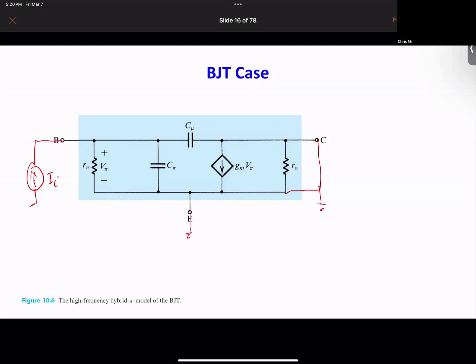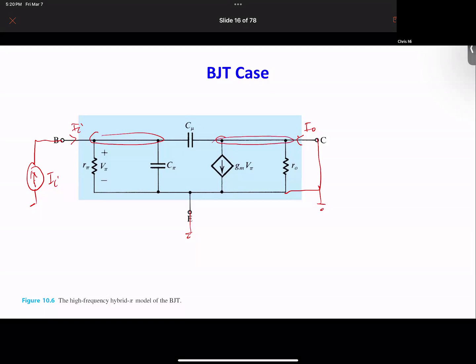So once we ground it, we'll find this IO. Similar to the previous one, we can write nodal equations right over here, or another equation right over here.